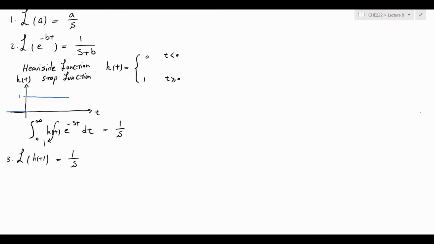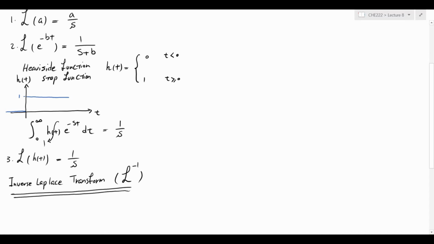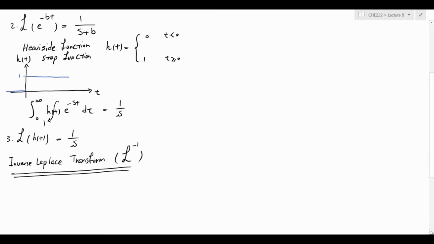Another important topic that we need to know in the context of the Laplace transform is the inverse of the Laplace transform. Its notation is the same fancy L to the minus 1. In order to understand how it works, I give you an analogy.